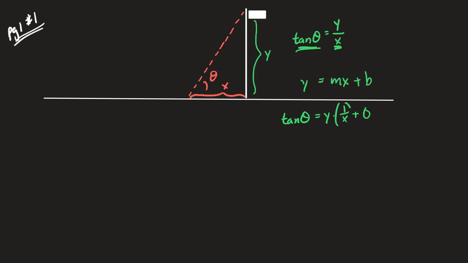So I would graph 1 over x on one axis and tan theta on the other. The slope of this should be y, the height of the flagpole. I think that's what they're getting at in this question.